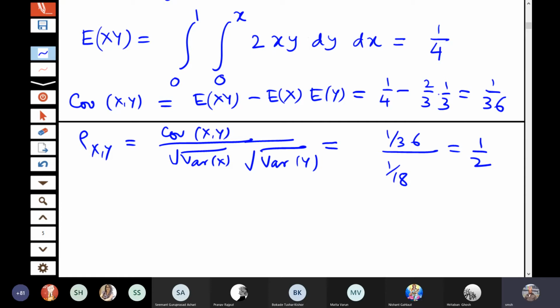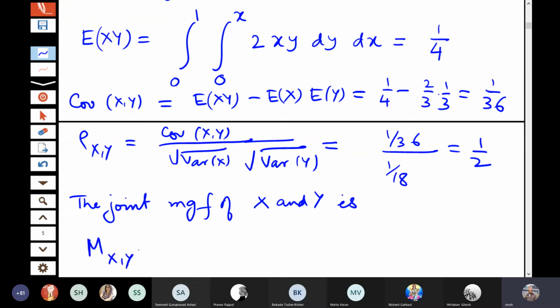Next, we consider the joint moment generating function of x and y. That is defined as MXY at points s and t.